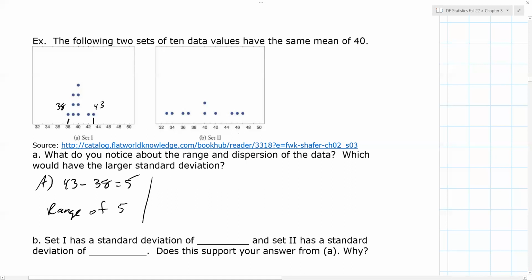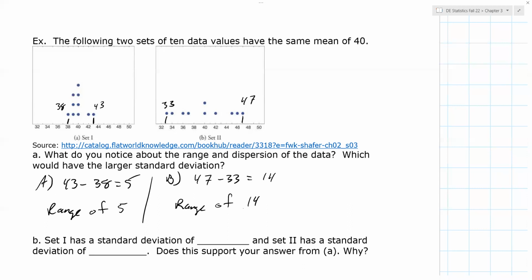Let's look at B, where we have a 47 and a 33. So 47 minus 33, we have a range of 14. So B has a larger range. Which one of those do you think will have a larger standard deviation?